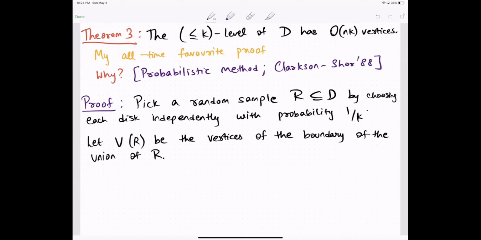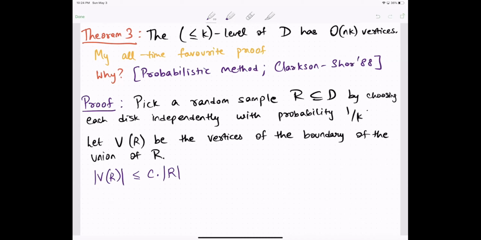Okay, so now let's compute an upper bound on the expected value of V of R. By the previous theorem, we proved that the number of vertices on the boundary of this will be order of n, which translates to this in this case.